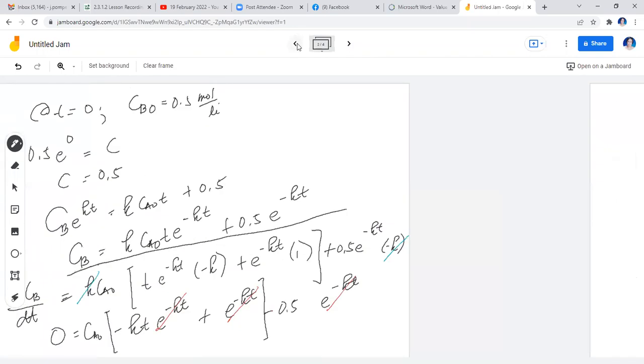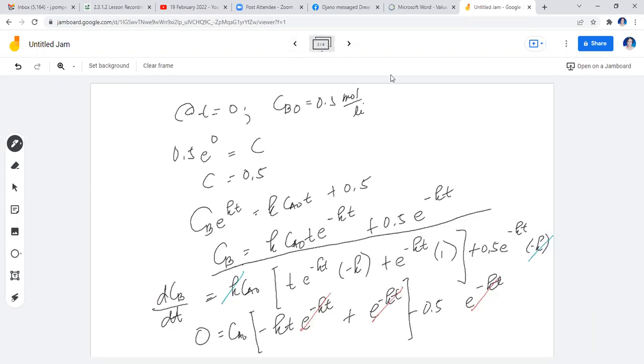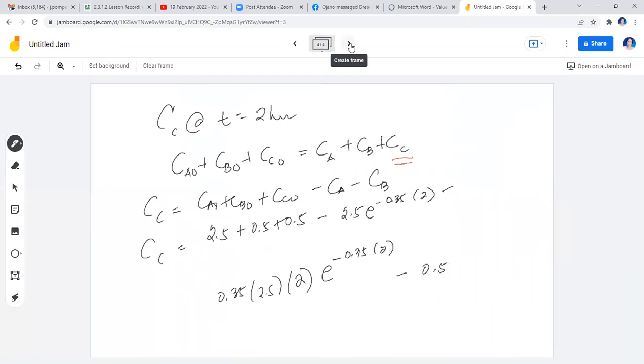Very forgetful. 0.5 e raised to negative k, e raised to negative 0.35 times 2. You just add this. This will be 3.5 already. Subtract this and this and this. That should give you the C sub C. Can you please solve for C sub C?